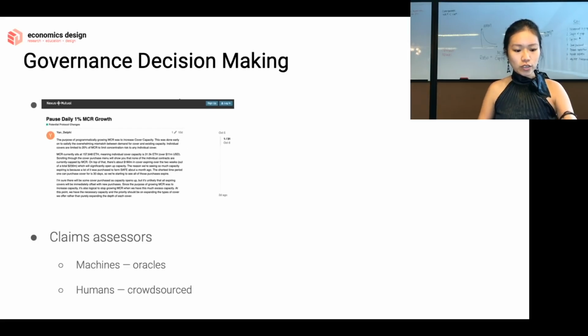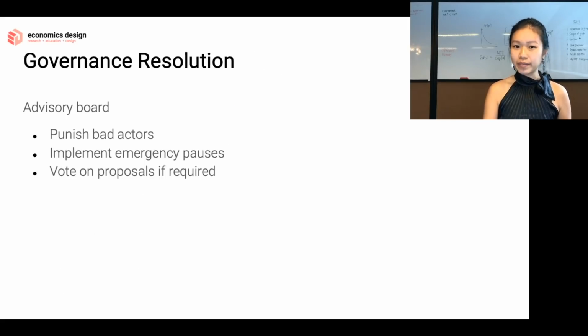So, we go back to claim assessors. You've got the machine part, which is the oracles, and then you've got a human part, which is crowdsourced. And sometimes, as much as we want to think that humans are good, some humans are not so good. They're quite bad. So this is where the advisory board comes in.